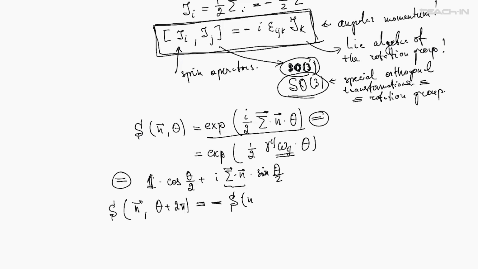In other words, when you perform a full rotation by 2 pi, the spinor does not come to itself, but it changes the sign.